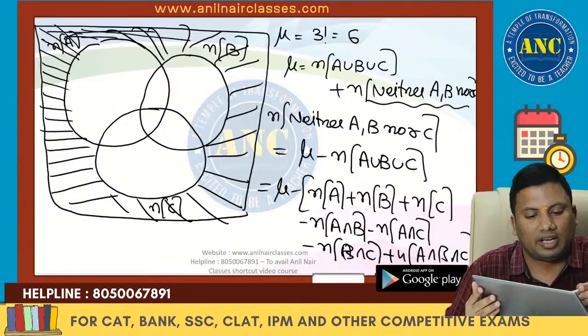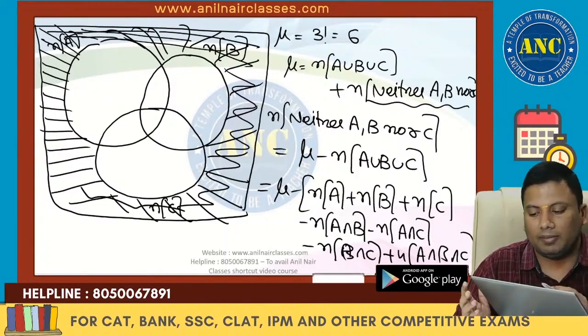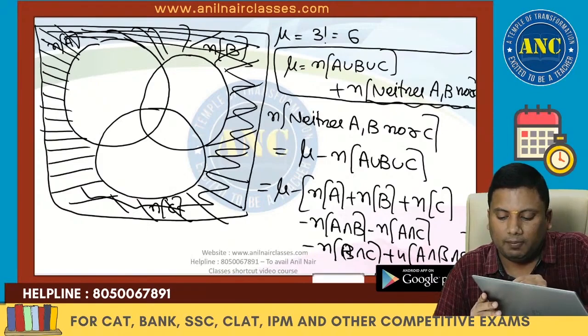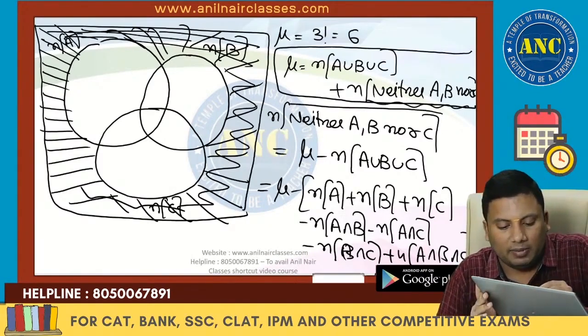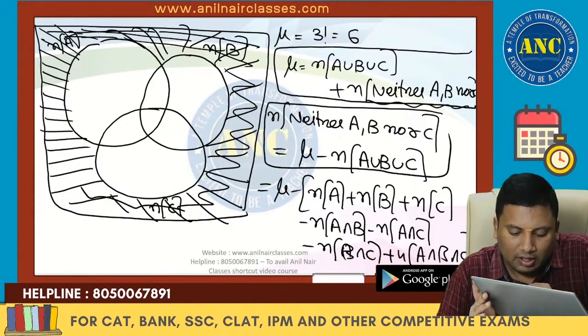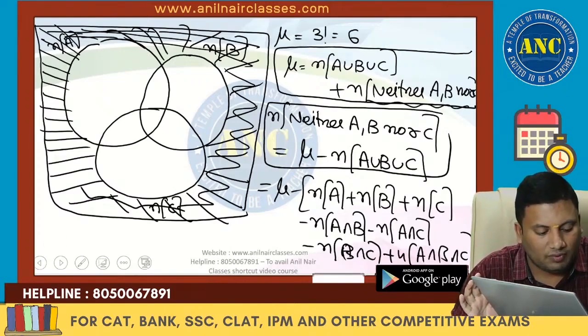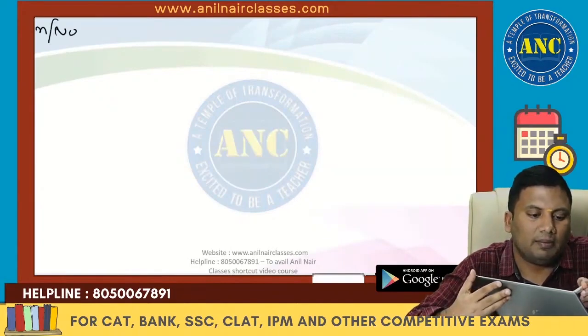This portion we require, the portion which is shaded. Mu is equivalent to n of A union B union C plus n of neither A nor B nor C, so n of neither A nor B nor C is mu minus n of A union B union C. Now we will write it here.